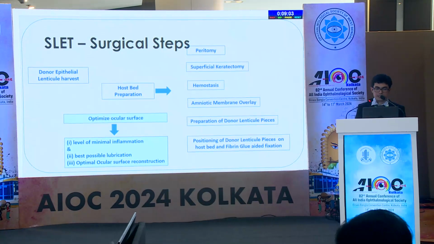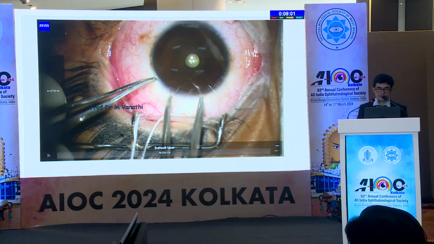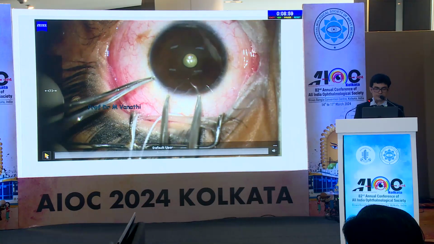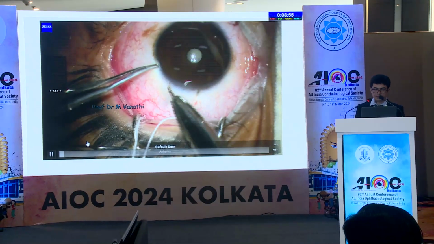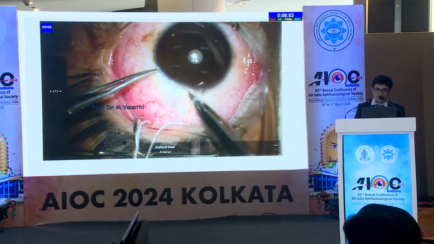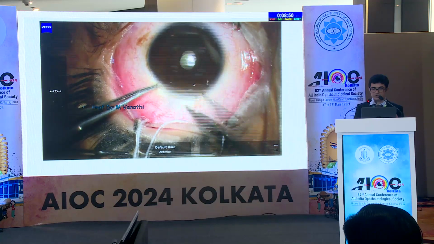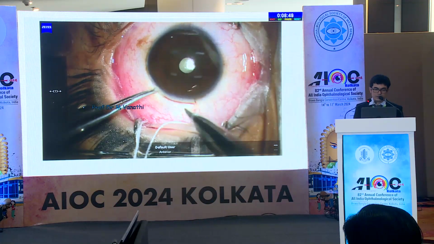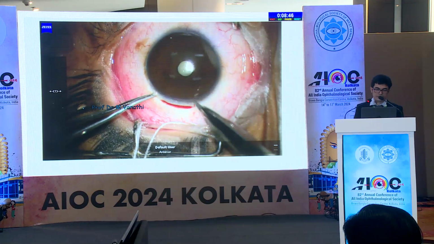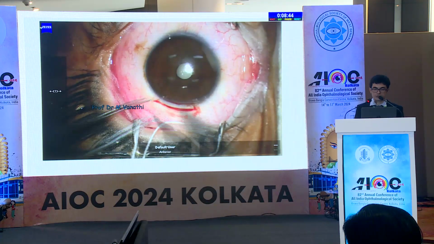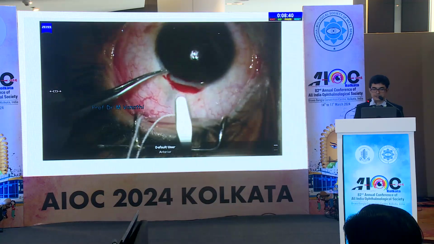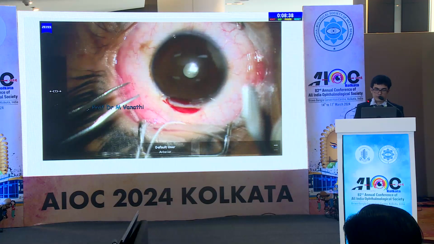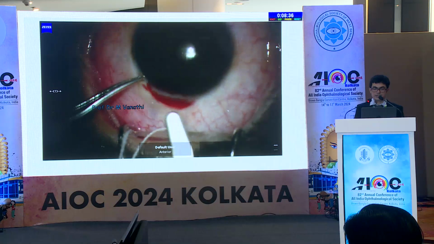So these steps I'll be discussing in my video, courtesy Professor Vajpayee. So we mark around a 4 mm area, preferably in the superior limbus, and we cut with a blade both on the conjunctival and on the corneal side. We want to include a part of the stem cells, and several techniques have been described, but here we have cut with a blade and we'll dissect.